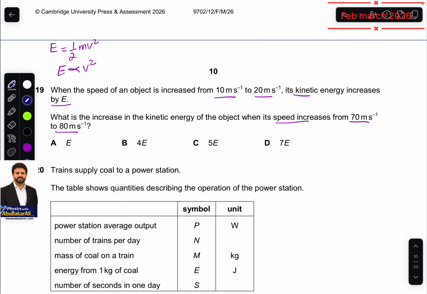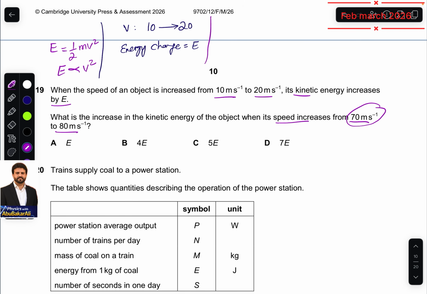The scenario is where v is changing from 10 to 20. The energy change is equal to E, that is given. What I have to look into is when it changed from 70 to 80.